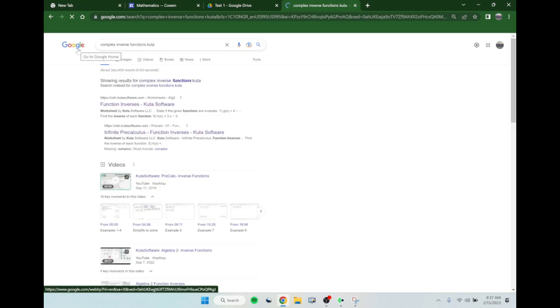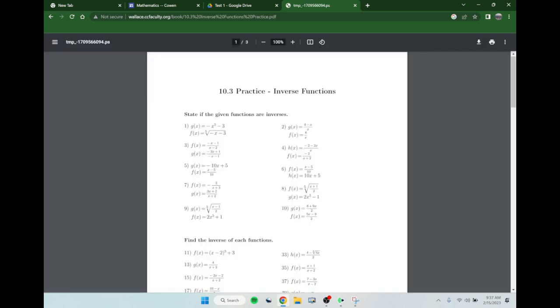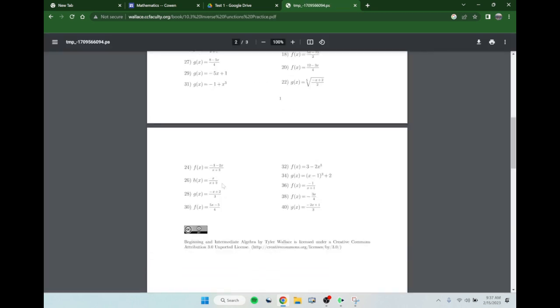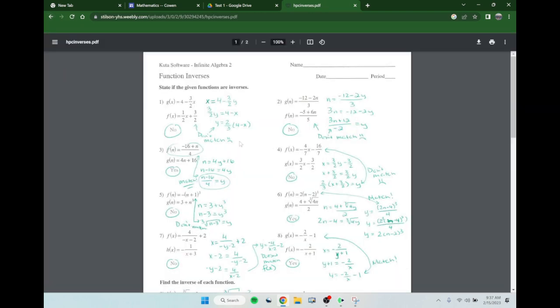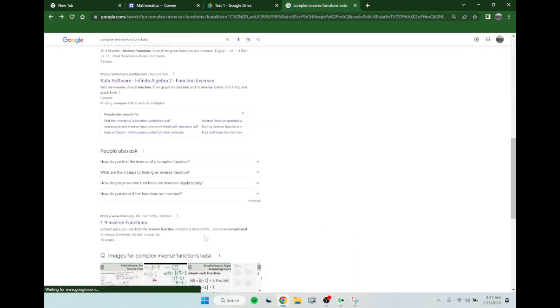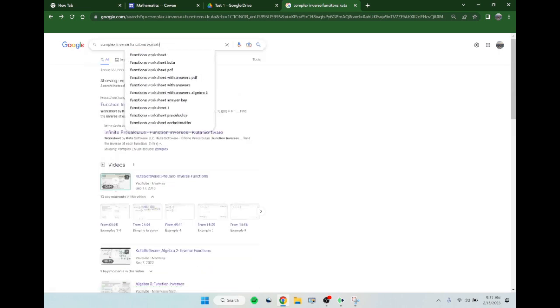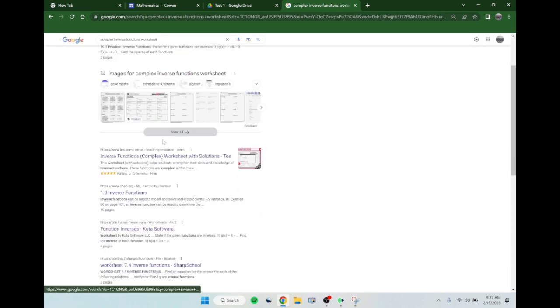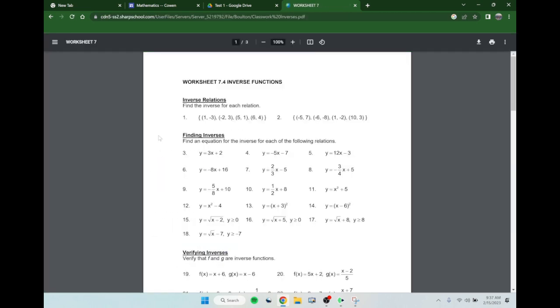Anybody got one? Number 19. Okay. Man, the world is not giving us complicated inverses like that. Yeah, or nice.